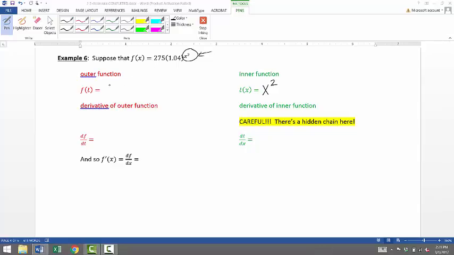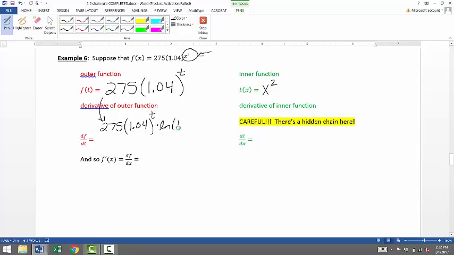So we can view this function as 275 times 1.04 raised to the t, where t is the function x squared. Now we can find the derivative of the outer function. The derivative of 275 times 1.04 to the t is 275 times 1.04 to the t times natural log of 1.04.